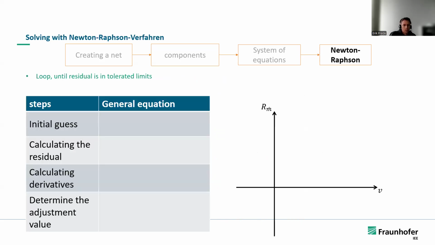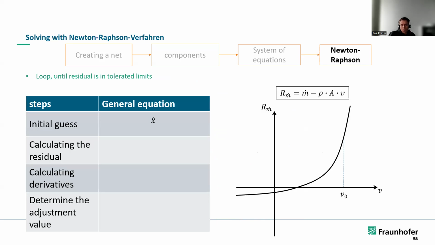So, a quick overview of how the Newton-Raphson method works here. We have an initial guess, which comes from the initial parameters we set for the junctions and pipes, like the fluid or nominal pressure we set at the junction. At this initial guess, we calculate the tangent with the help of the Jacobi matrix.